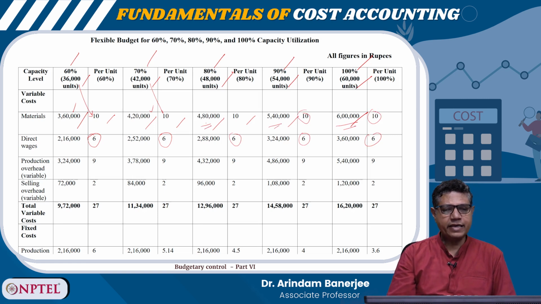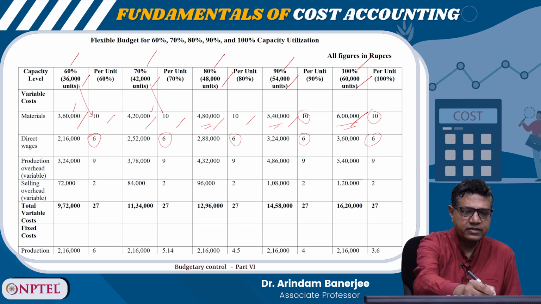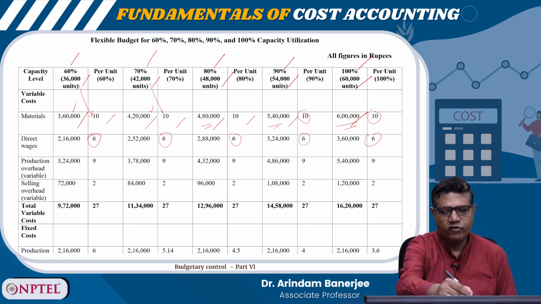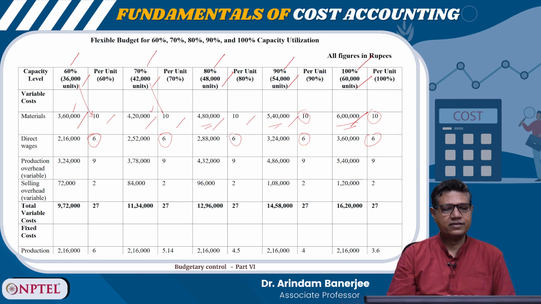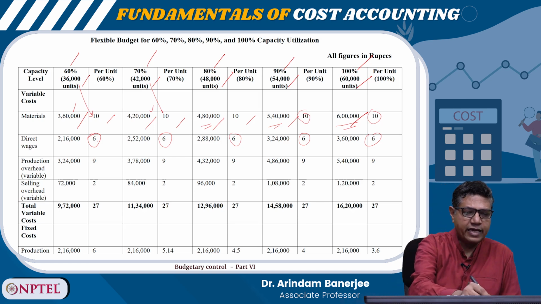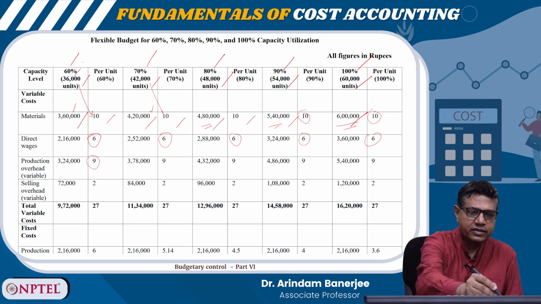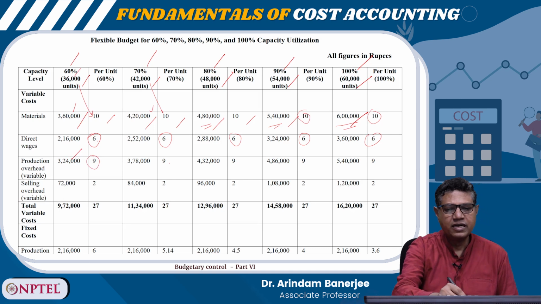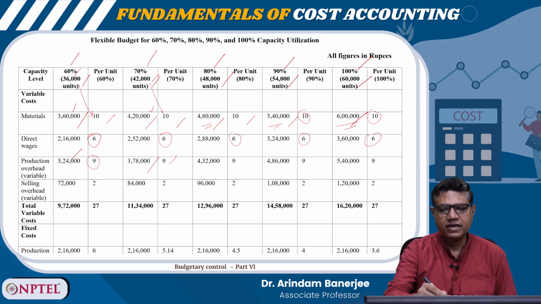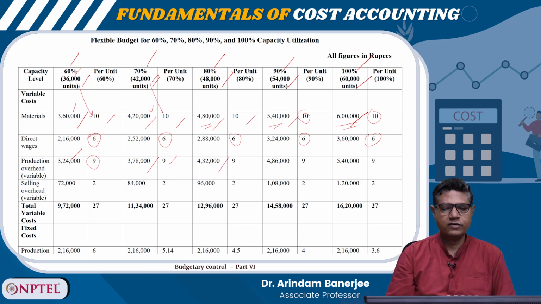So, direct wages I can calculate simply like that, 36,000 into 6, 42,000 into 6, 48,000 into 6, like that, right. The production overhead, the variable portion we calculated is 9 per unit. So, 9 into 36,000, it is 3 lakh 24, 9 into 42,000, so it is 3 lakh 78, 9 into 48,000, that is 4 lakh 32, etc. Okay.